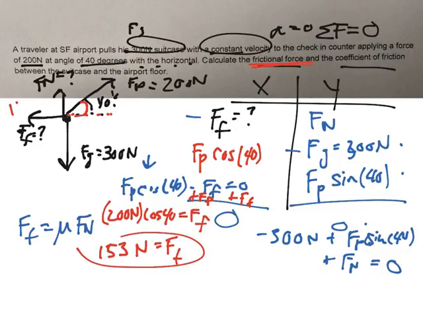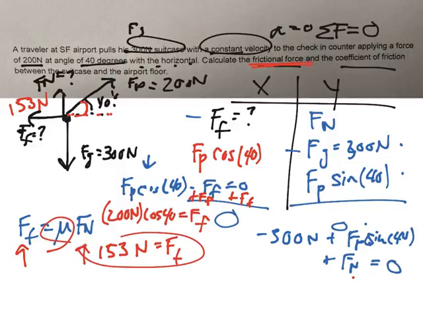This is 153 newtons. But we now need to figure out what would be the actual mu. To do that, we need to find this, which is what we would do over here.